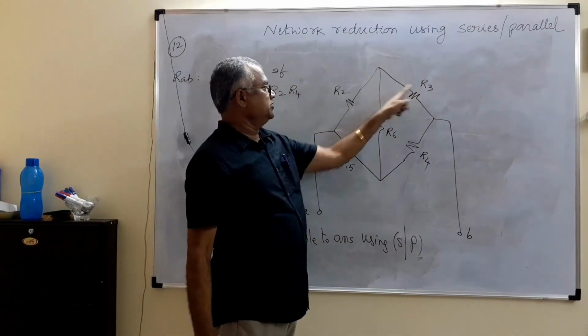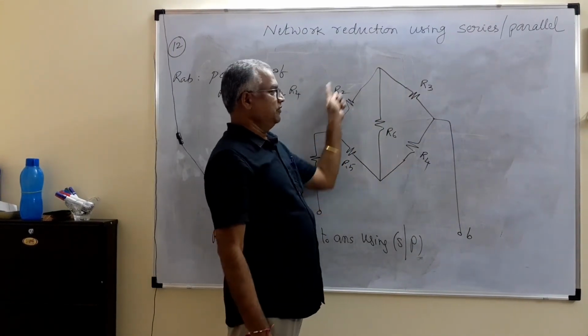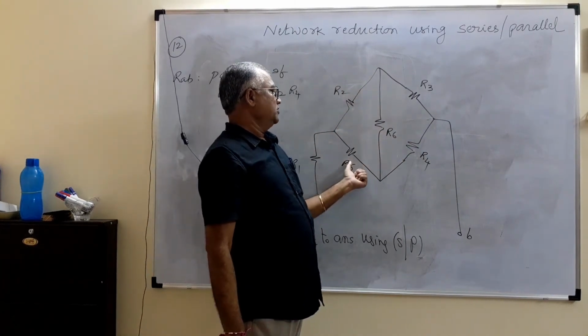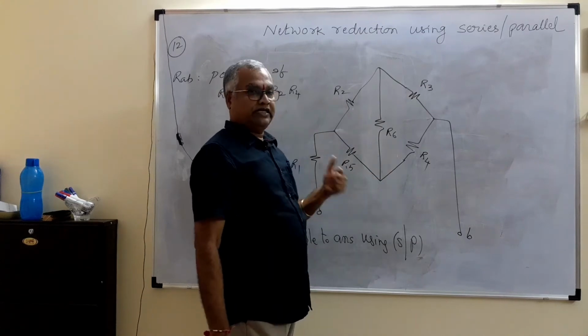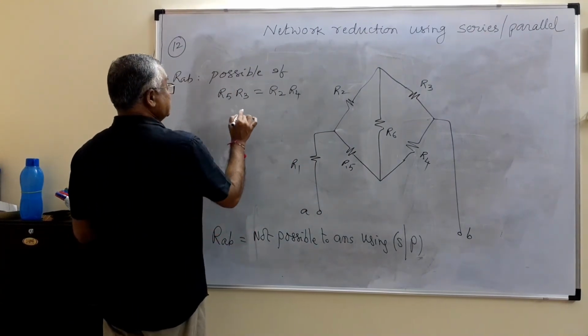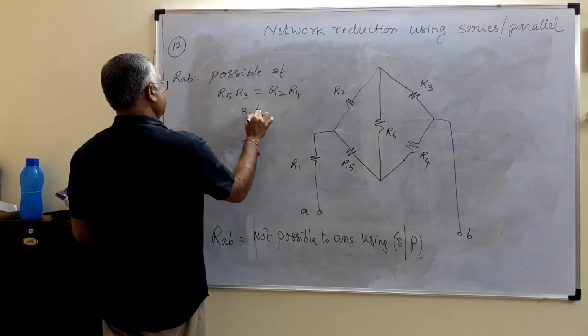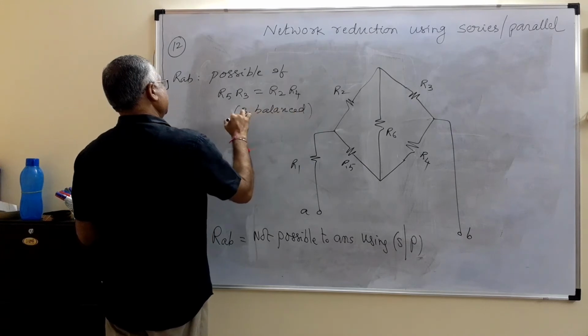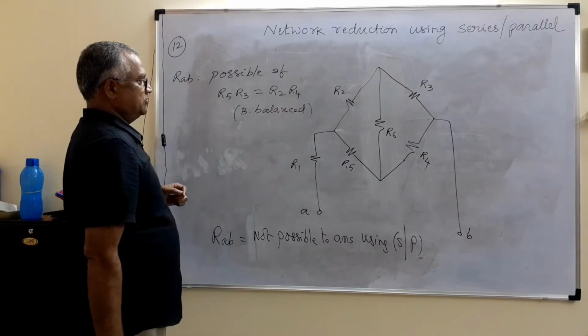R5 R3 is equal to R2 R4. So it will form a bridge. 5 elements are there. This product, if it is equal, what is this condition called? Bridge balanced condition. Bridge balanced. So this is the condition for bridge balanced.